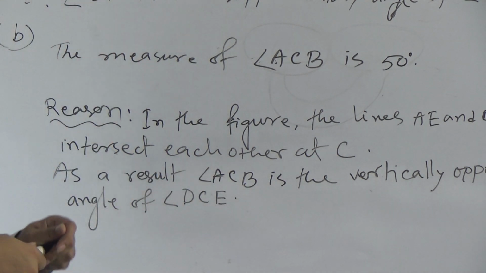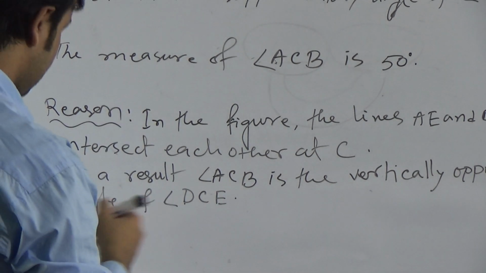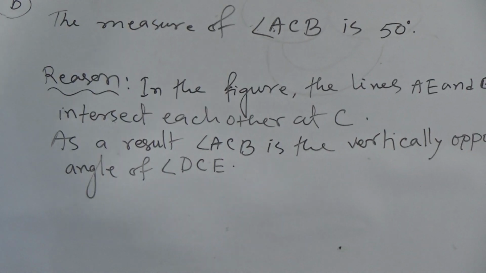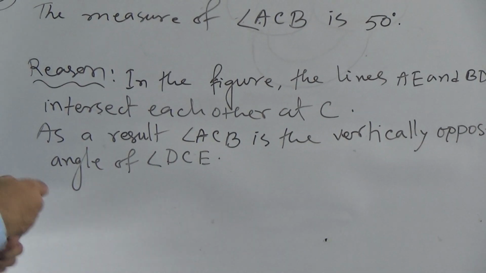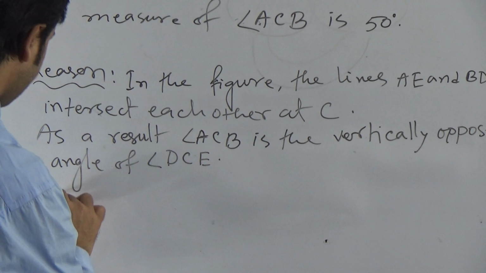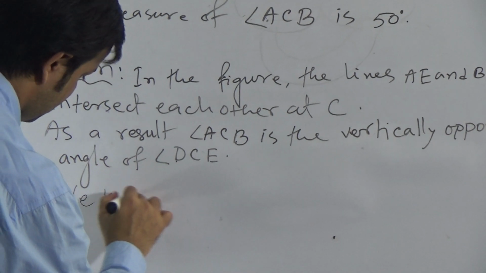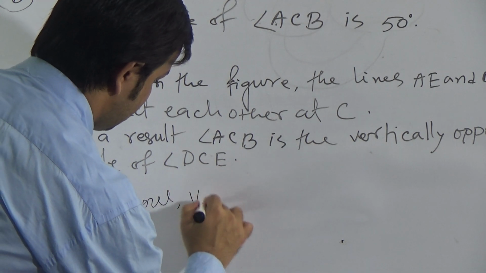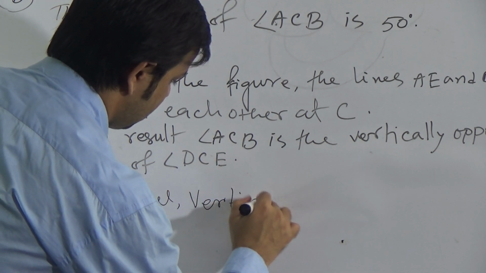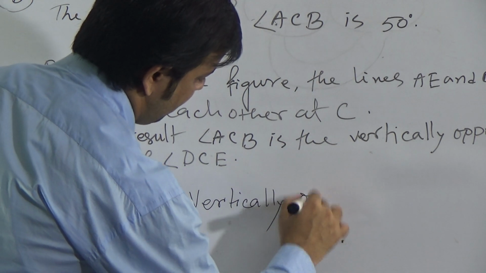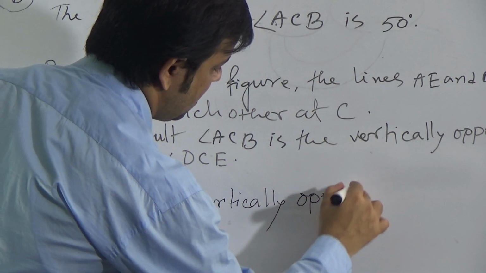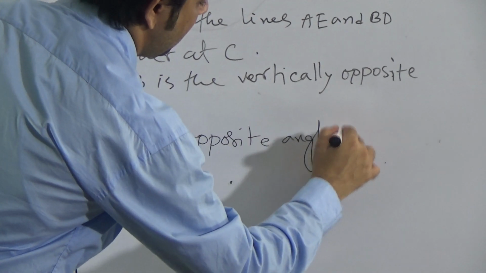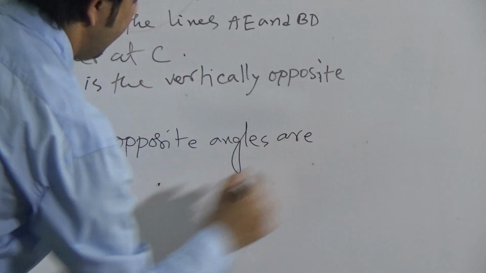Dear students, you know, vertically opposite angles are equal. So we can say, we know vertically opposite angles are equal.